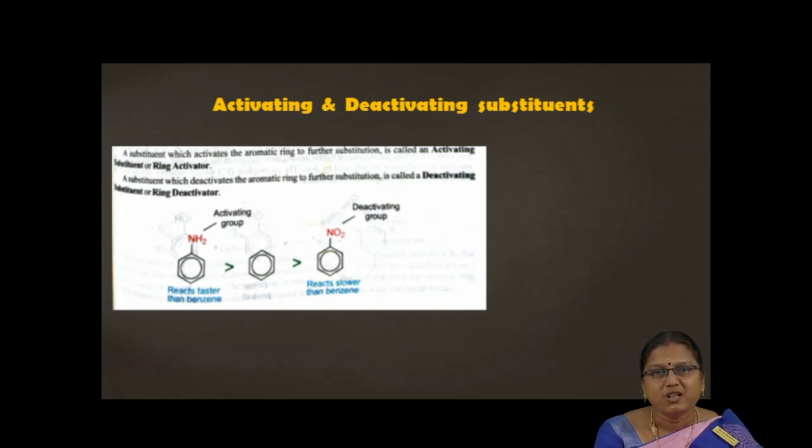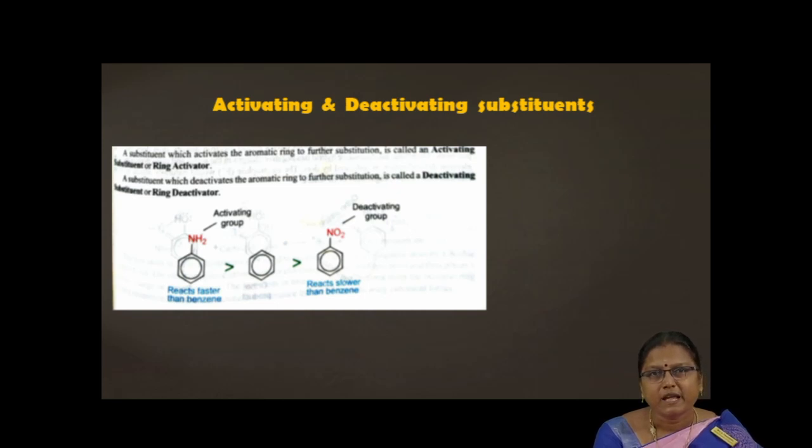So the electrons flow from the benzene ring towards the nitro group. That is deactivation. So what is activation? If the substituent releases electrons towards the benzene ring, that is said to be activation of the ring.